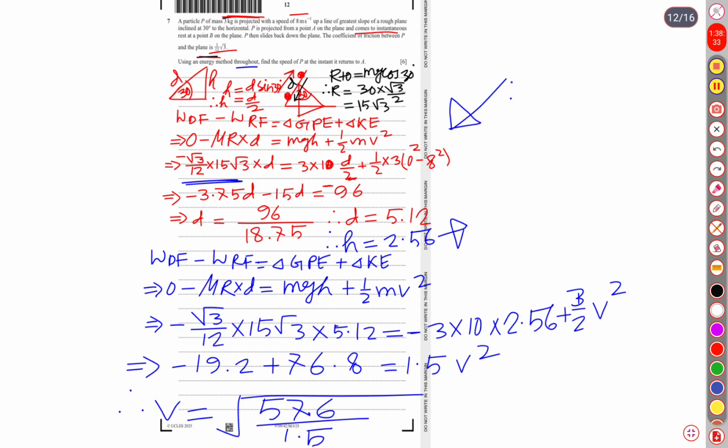So if we divide 57.6 by 1.5, the square root of 576 over 15 will show that 6.20 is our final velocity when the particle was passing A again for the second time.